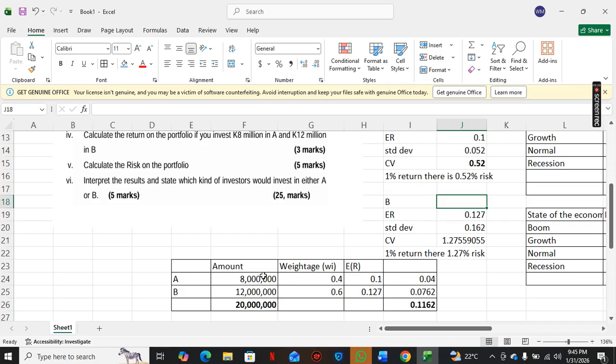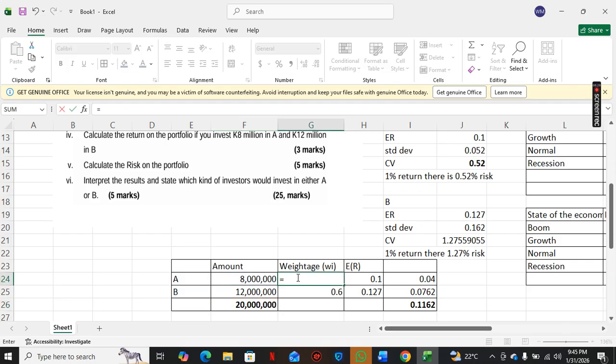Okay? A we invested 8 million, B 12 million. So in total we invested 20 million. Out of this 20 million, we'll say, what percentage is investment A? So you're going to say 8 million divided by 20 million. You get 0.4.